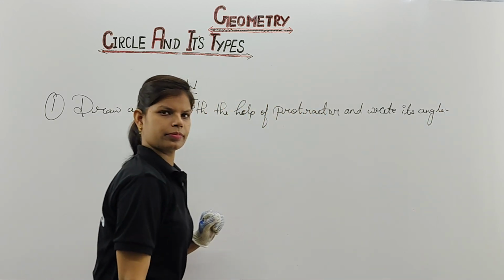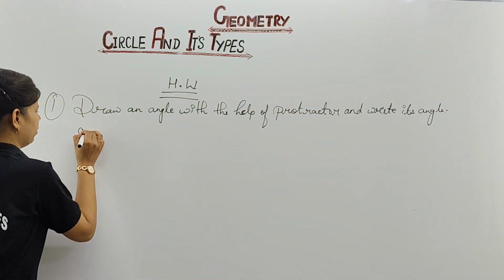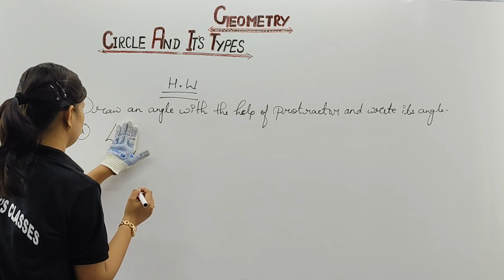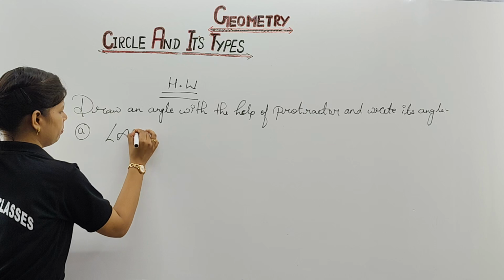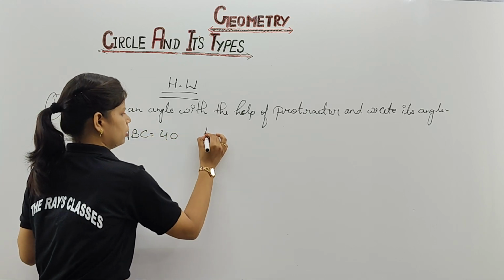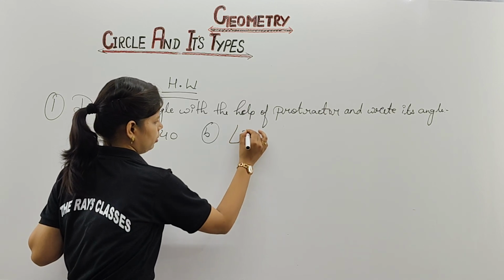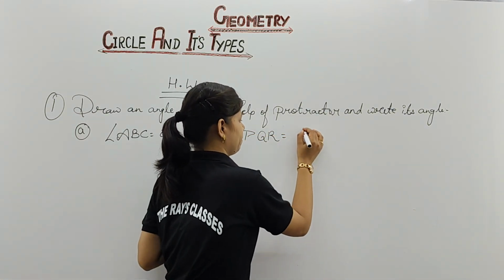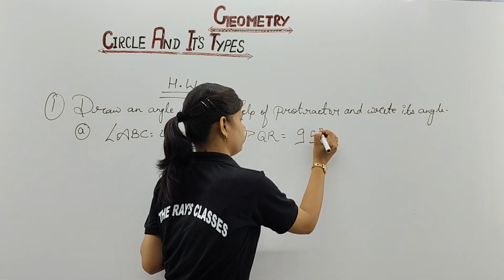Clear, children? First is your A part. Angle ABC equal to 40 degree. This is your first question. Second will be angle PQR equal to 95.